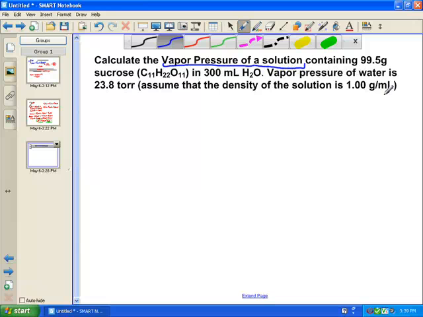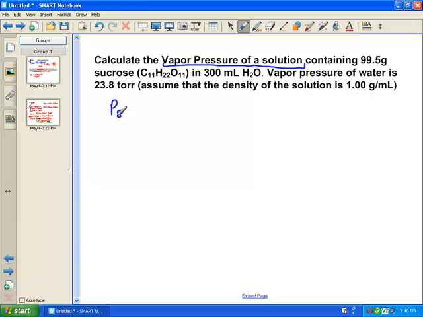As with every question like this, the first thing you want to ask yourself is, where do I start? Usually you want to start with some sort of equation that relates to, in this case, vapor pressure. So let's look at the equation we've seen before, where the vapor pressure of a particular solution is equal to the vapor pressure of the pure solvent, but that also takes into account the solute that's present.